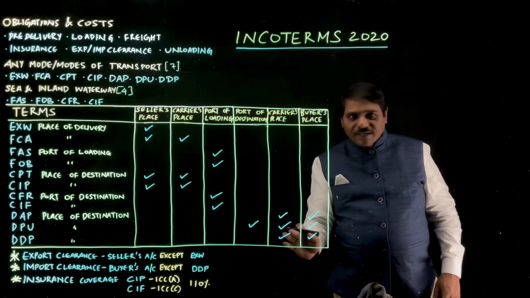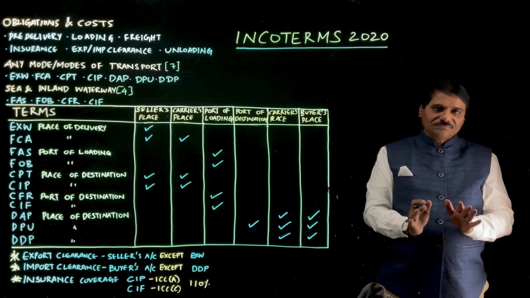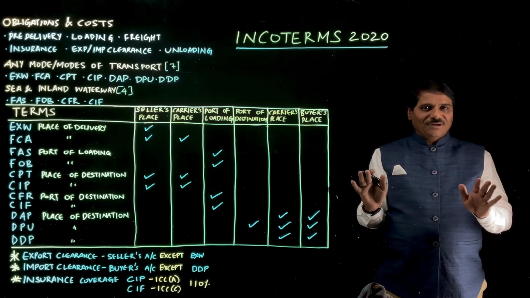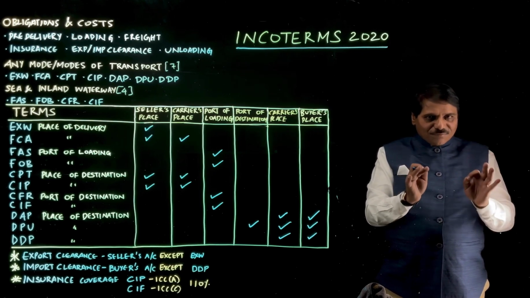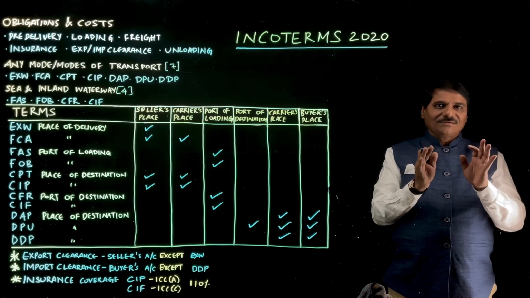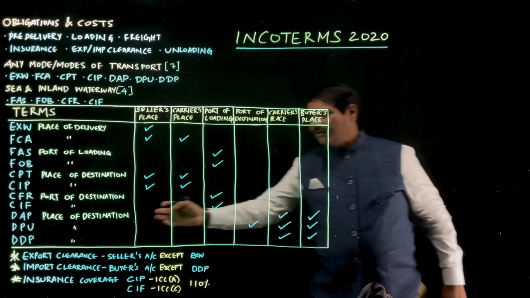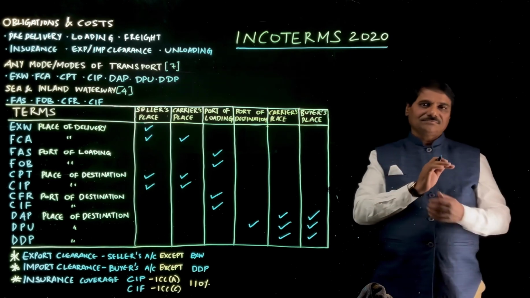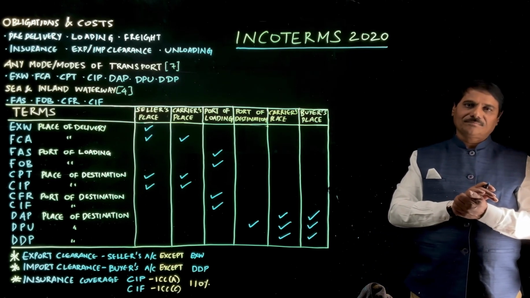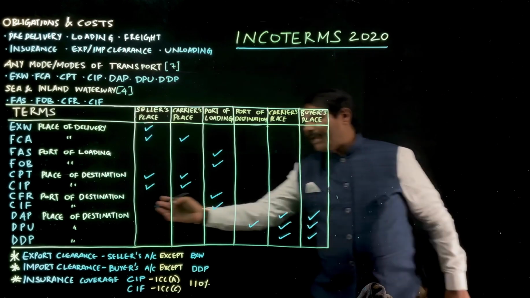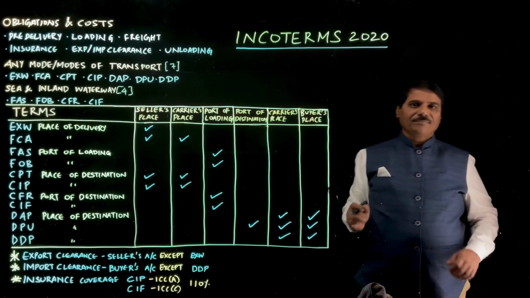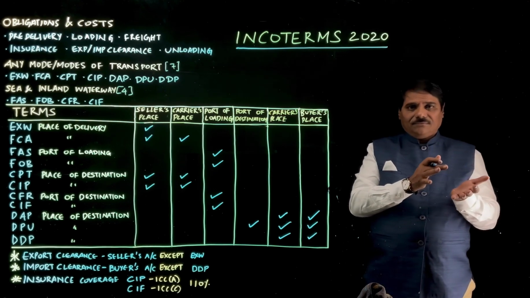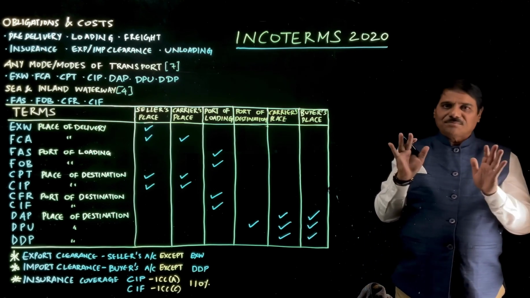But here, there is no need for you to unload. Unloading is not seller's responsibility. Unloading is seller's responsibility in case of only DPU. That U stands for unloading. In DAP or DDP, unloading at buyer's country is not the responsibility of the seller.